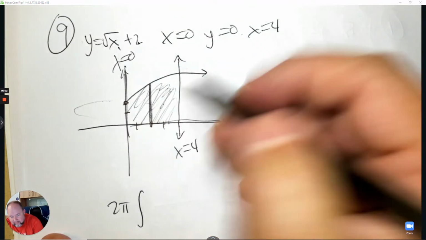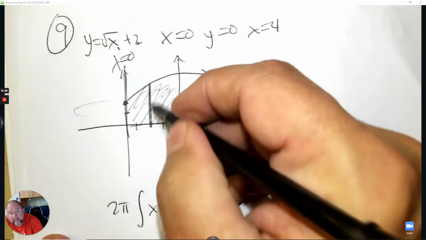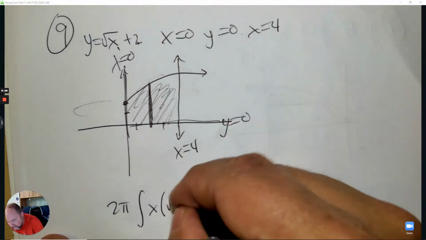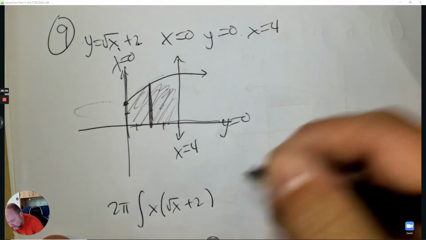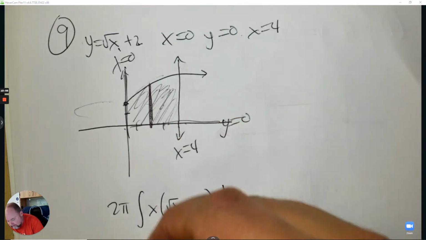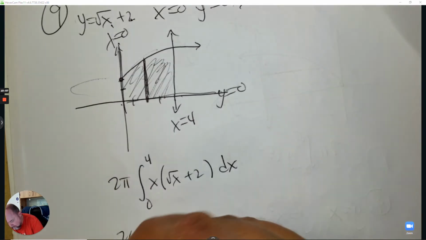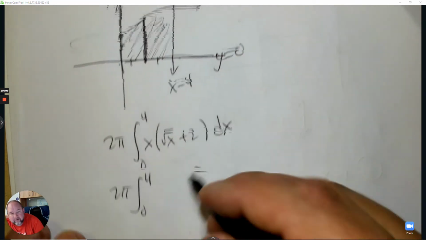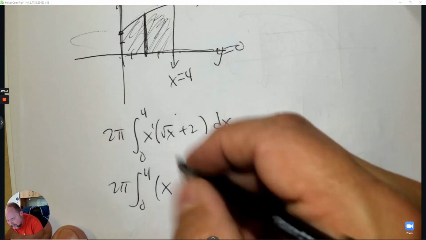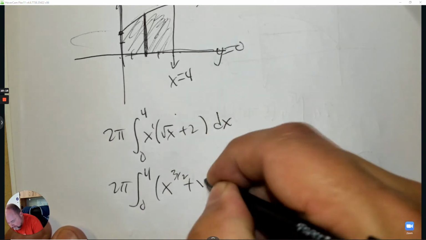And so the radius is just the x coordinate, and the height here of it is top subtract bottom, which is the square root of x plus 2 take away 0. And it's bounded from 0 to 4. I'm going to multiply it. This is really x to the half, so if you multiply it, you add the exponents, so it's 3 over 2.